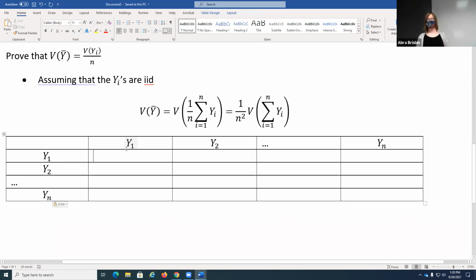So the variance of y sub 1 is just the variance of y sub 1. Here we're assuming that the y sub i's have the same distribution, which means they have the same variance. So I'm not going to make this specific to y sub 1, I'm just going to leave it as the variance of y sub i.